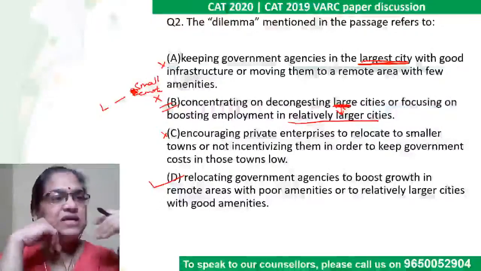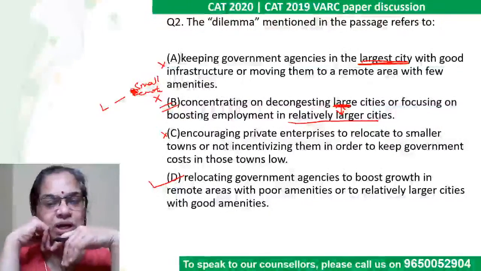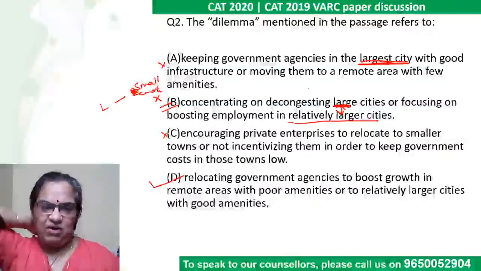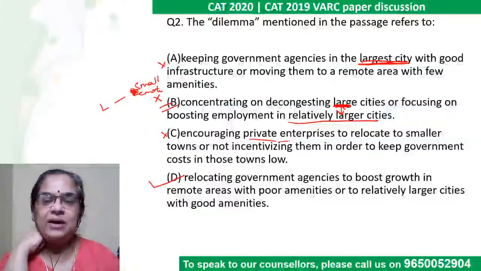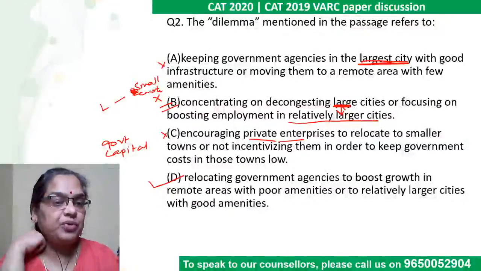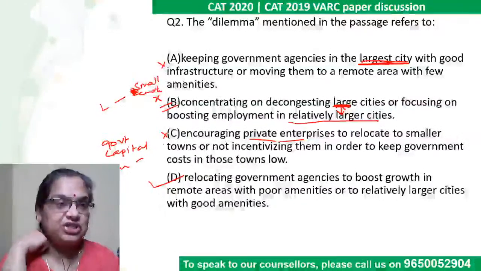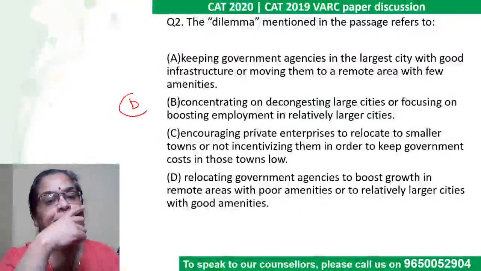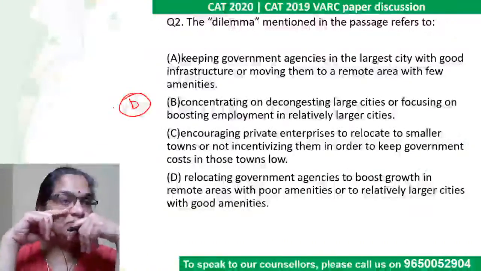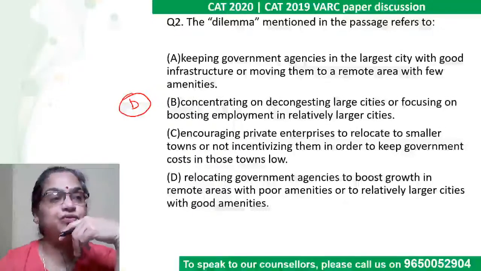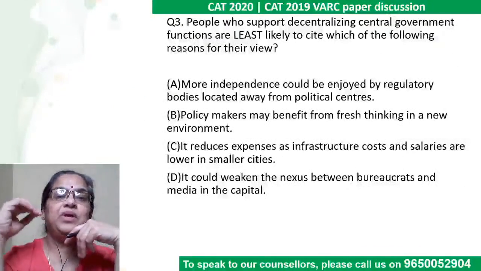So B is wrong. C is totally wrong, Cartoon World. It says private enterprises to relocate to smaller towns. He's not talking of private enterprises. The entire passage is talking about government shifting its capital and its bureaucrats. That's the option. Therefore, C is wrong. Therefore, the correct answer is obviously D. Got it, all of you? Clear? All right. Let's move to question 3.